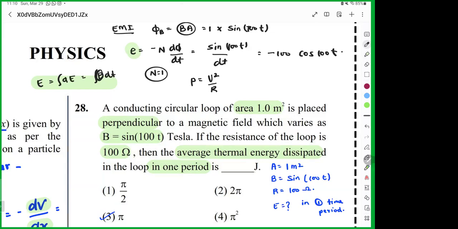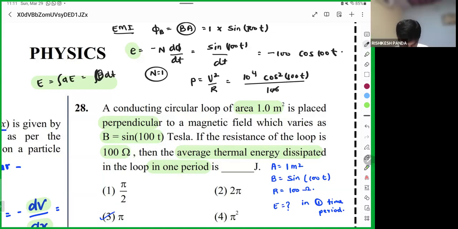It's square. What will be 100 square? 10 to the power 4. This cos square 100t by R. What is the R value? 100. Any doubt, guys? No, sir. This is power.